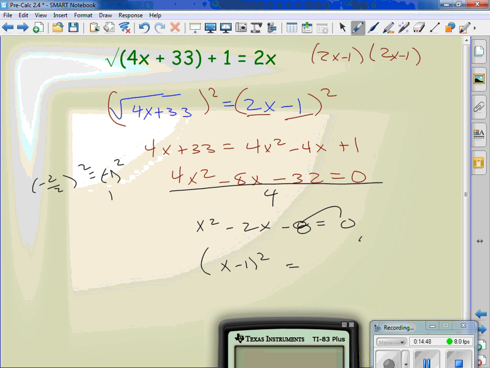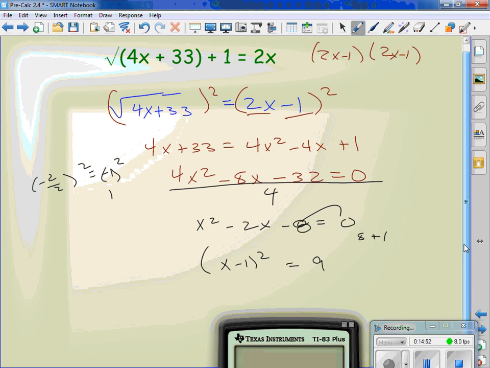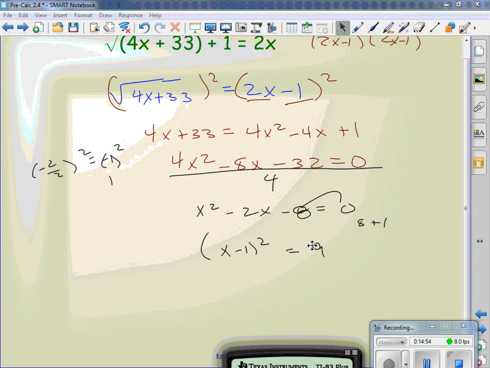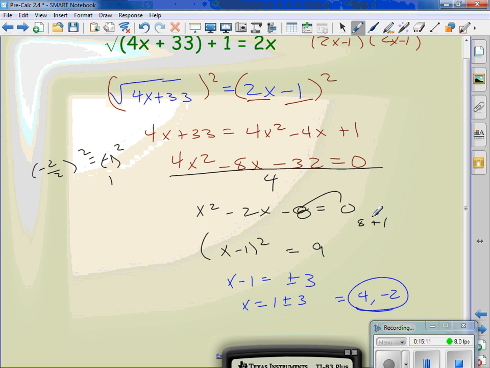It's 8. I add my 1 and I get 9. Take the square root. x minus 1 equals plus or minus 3. Add over 1. 1 plus or minus 3. So 4 and negative 2 are my answers. Questions?